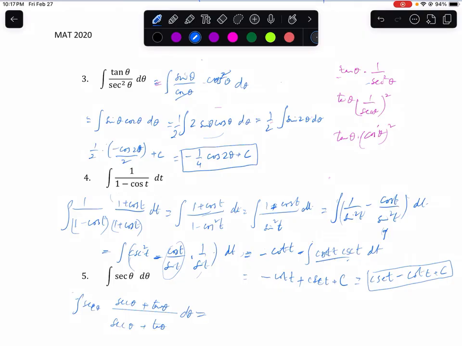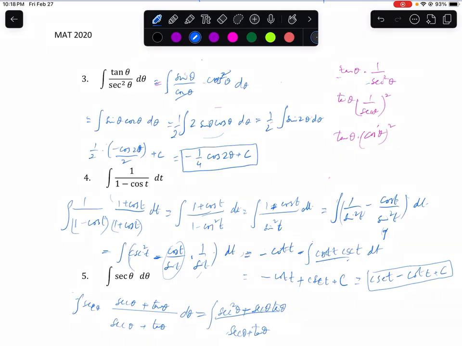Now when we multiply the secant theta, we get secant square theta plus secant theta times tangent theta. And at the bottom I have secant theta plus tangent theta. Now you see secant theta plus tangent theta can also be written as tangent theta plus secant theta.